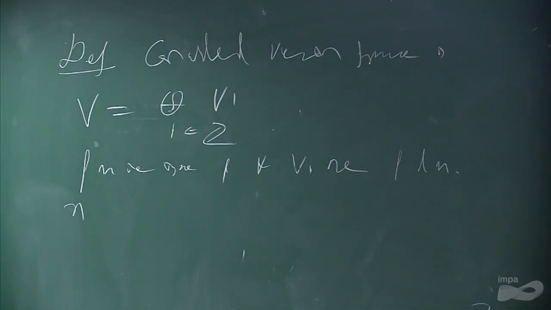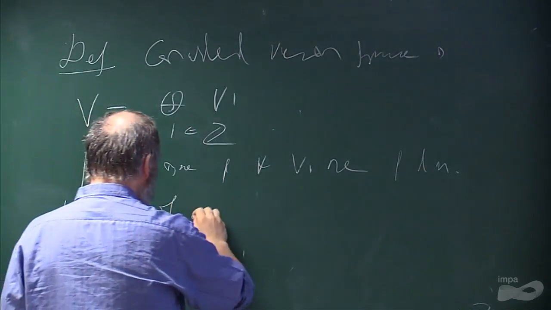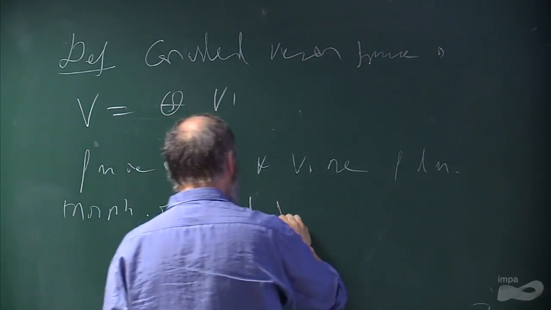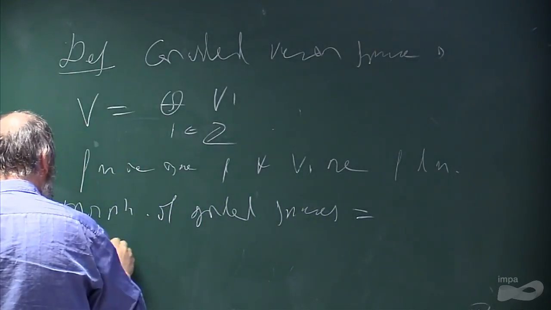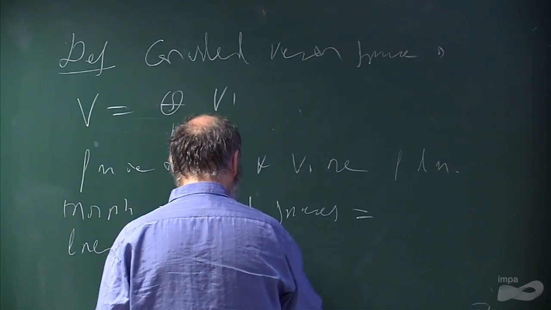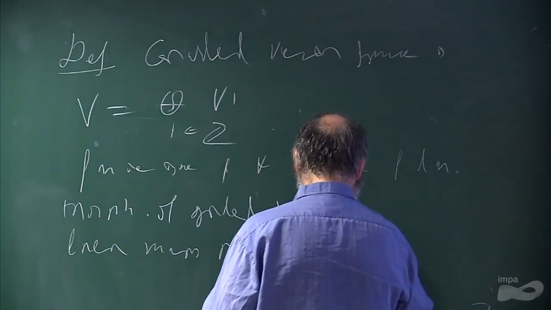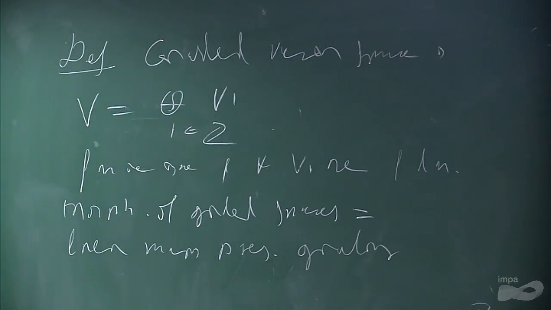So a morphism of representations is a linear map which commutes with the action of the group. Morphisms of graded spaces are linear maps preserving grading. So if you have a component of grading i, it has to go to a component of the same grading.